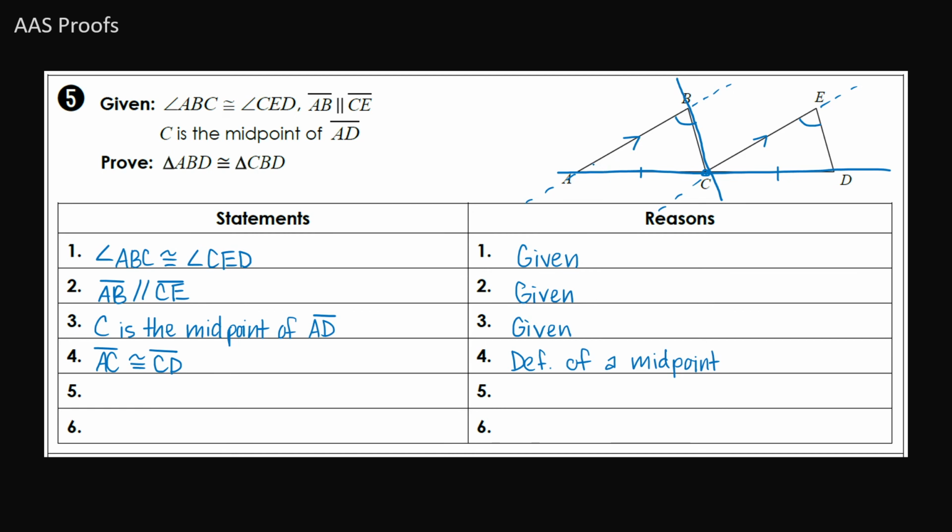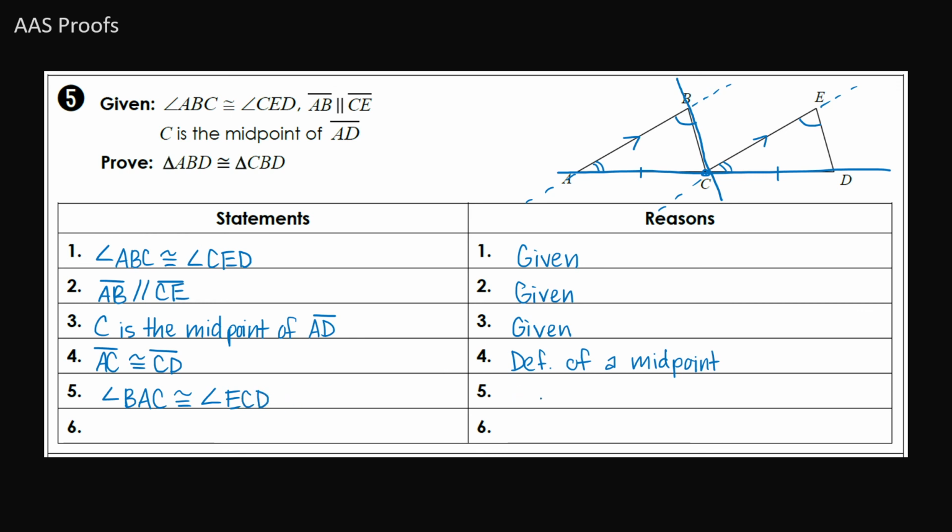angle A and angle C are corresponding angles, meaning they line up in the same spot across the parallel lines. So, because of that, we can say that angle A, or let's be more formal about it, angle BAC is congruent to angle ECD.